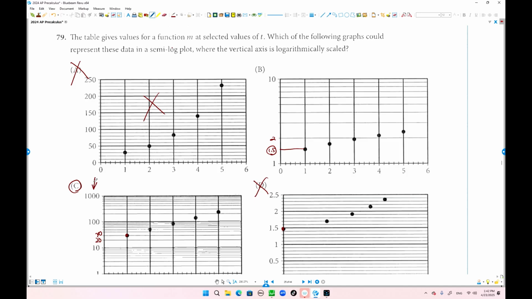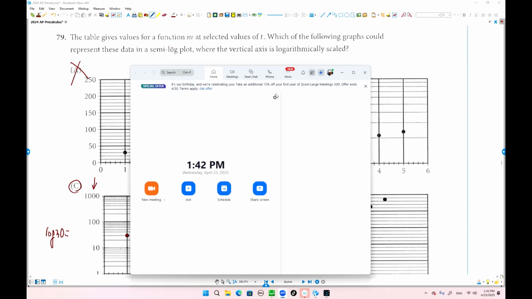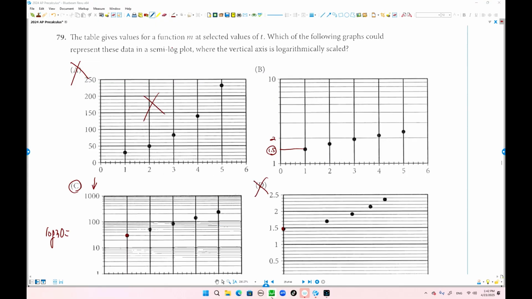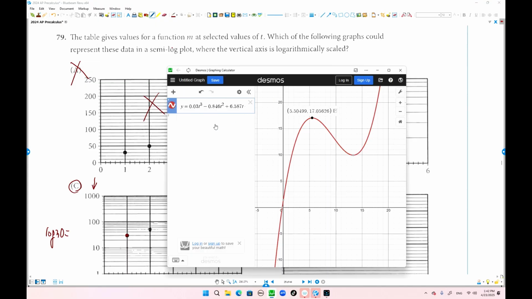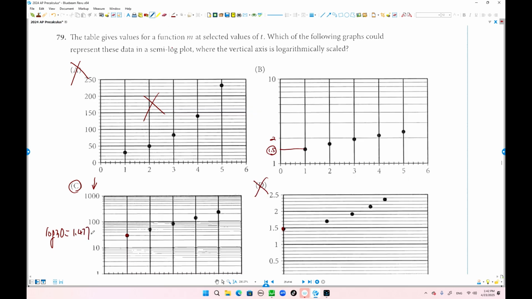This one is not the log value. So the graph is, when you put this number, log 30. Let me see, how much is log 30? I know it's 1.477. Let me check. Usually we use log base 10, 1.477.